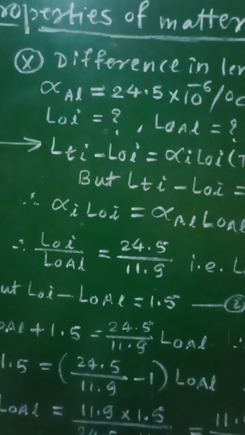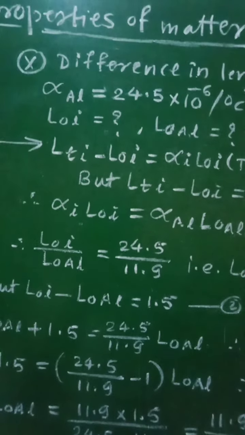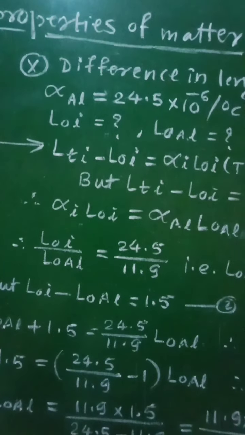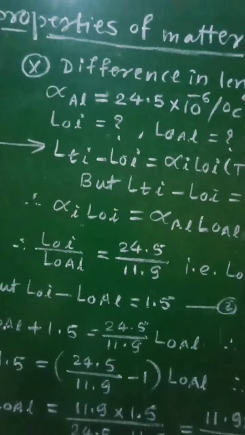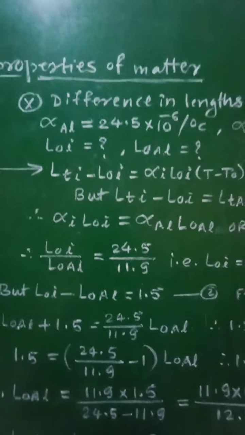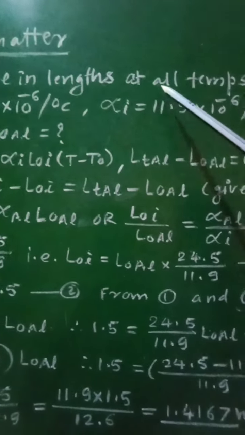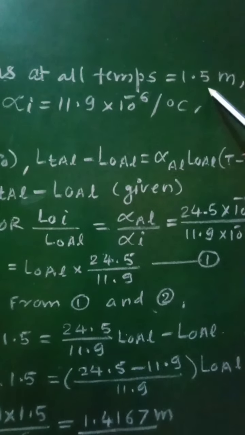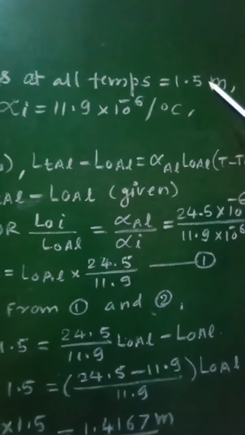What are their lengths at 0 degrees Celsius if coefficient of linear expansion of aluminium is 24.5 into 10 raised to minus 6 per degree Celsius, and for iron it is 11.9 into 10 raised to minus 6 per degree Celsius. And therefore, for this numerical number 10, the difference in lengths of both the rods at all temperatures is equal to 1.5 meter.